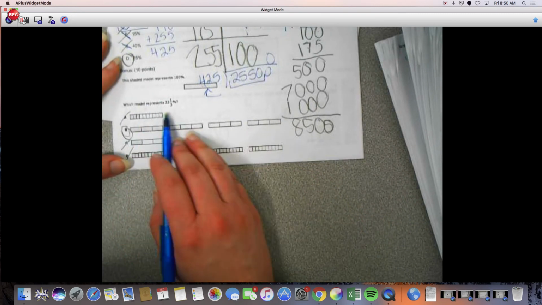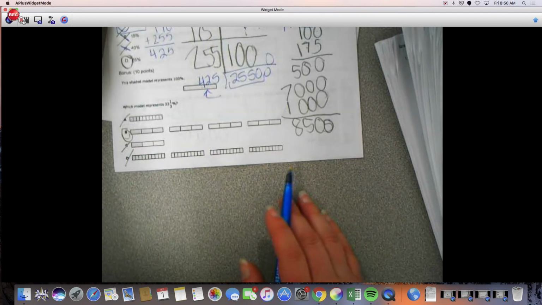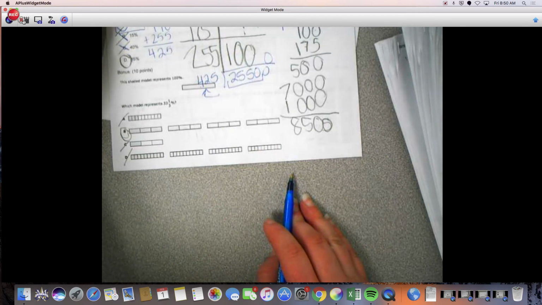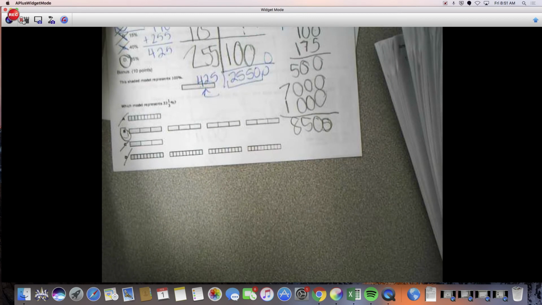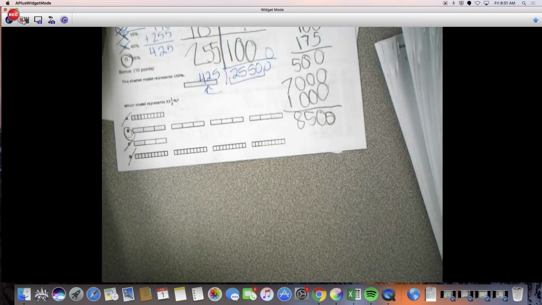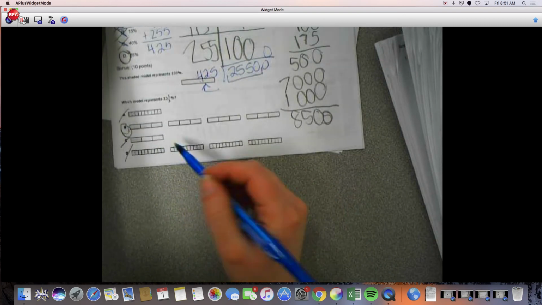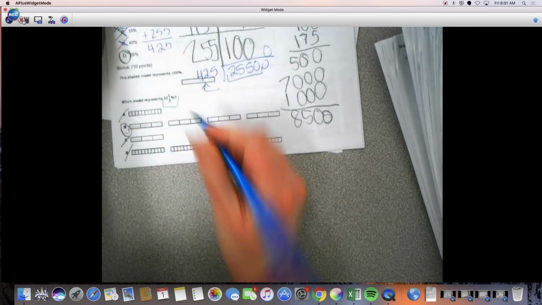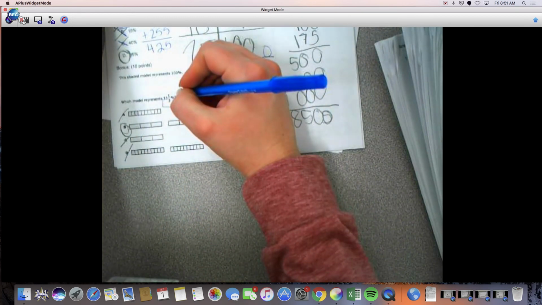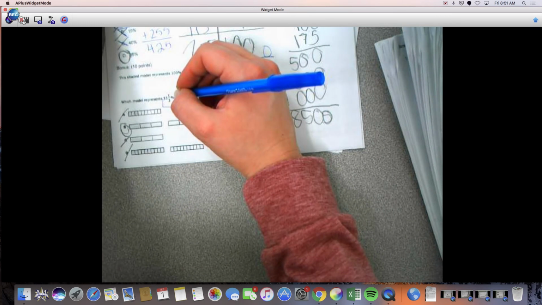Which model represents 33 and 1/3%? Okay, so 33 1/3%. I was sitting here trying to figure this out for forever.